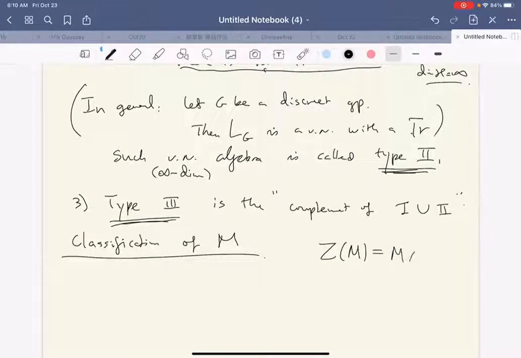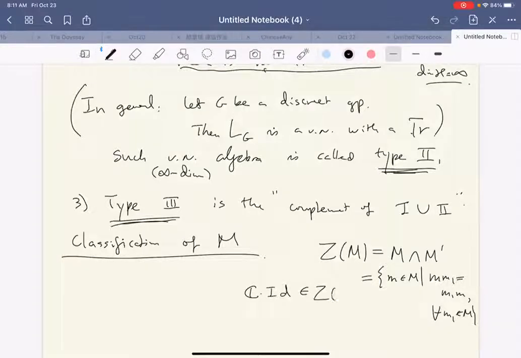In the notation I've introduced so far, it's those elements in M which commute with all the elements in M, so that m1 m is the same as m m1 for all m. It's the central elements. Obviously, since we require the identity element to be in the von Neumann algebra, the center always contains it, so c times the identity element always belongs to the center.